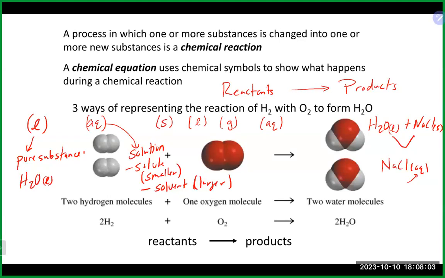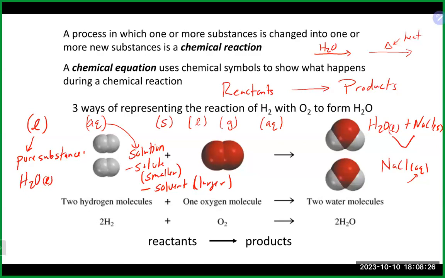Some other things that we do see in an equation have to do sometimes with the arrow. Sometimes we may see a delta symbol, which in this case would mean heat. Sometimes we may see water written on top of the arrow, which would indicate that something's being dissolved in water.